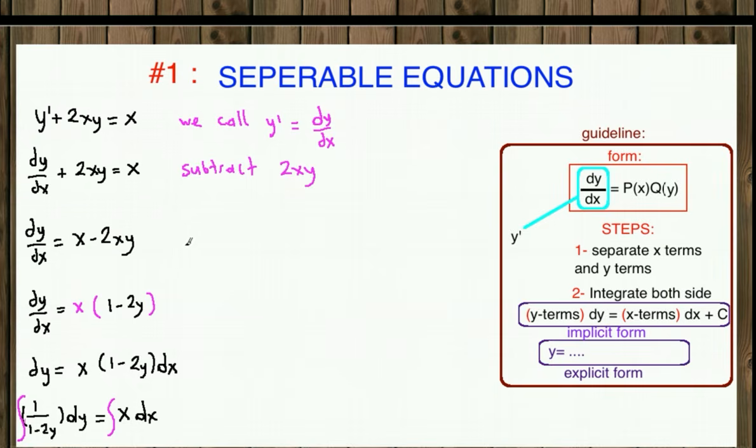Then we factored out the x term, and then we divided both sides by 1 minus 2y.